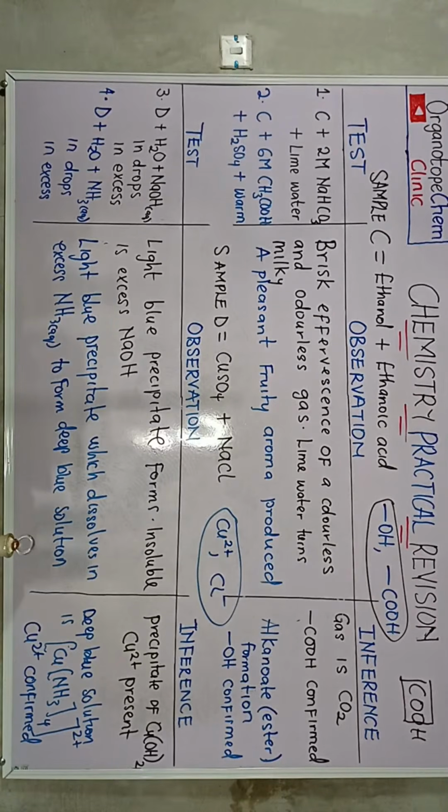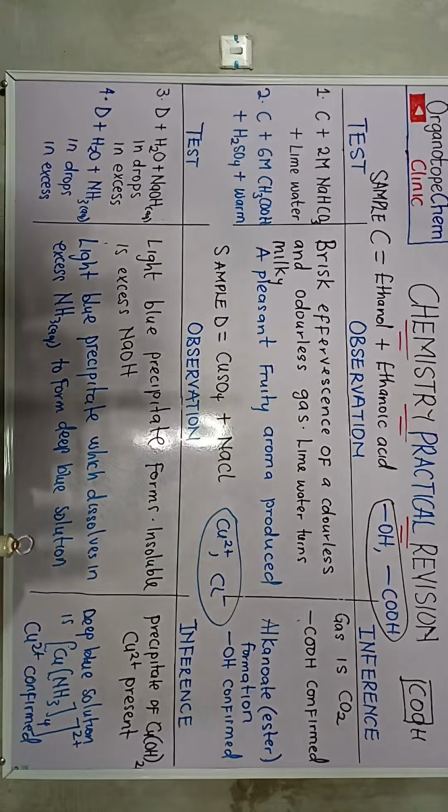While for the second one, the deep blue solution is the tetraamine copper 2 ion. Okay, that's Cu(NH3)4 2 plus. If that part is clear, type clear. So we use that to confirm Cu2 plus. So we'll move to the next test.